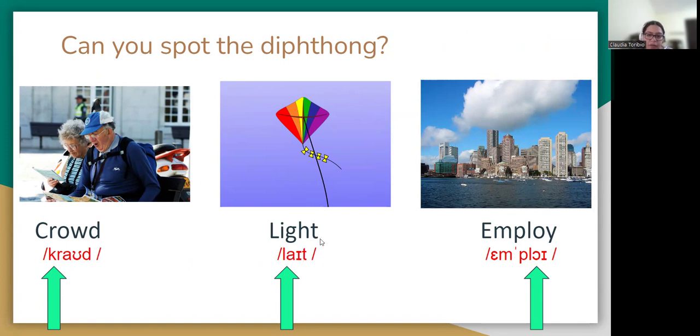Light is the same case. The only vowel we have here is a diphthong. And lastly, employ. At the end of the word employ, we have one of our three major diphthongs, oi.